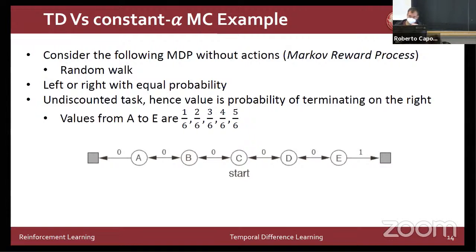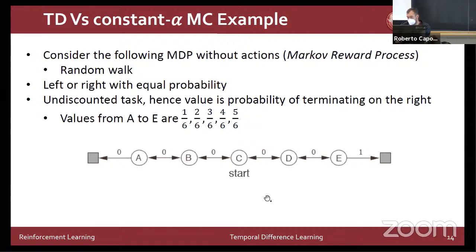So the values from A to E are the following. These are the true values that we have for these states: 1/6, 2/6, 3/6, 4/6, 5/6. Why? Because the only reward of 1 we get is if we reach this terminal state.